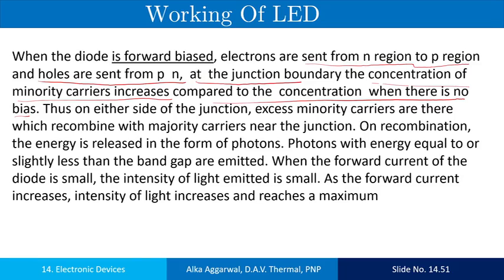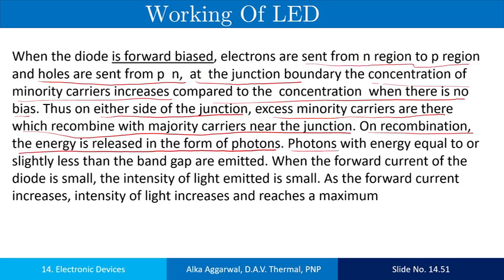Thus, on either side of the junction, excess minority carriers recombine with majority carriers near the junction. On recombination, the energy is released in the form of photons. Photons with energy equal to or slightly less than the band gap are emitted.